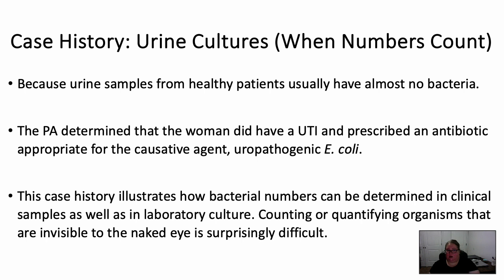If her urine sample showed a higher number of bacteria per milliliter, she's not going to be able to take a pill antibiotic. She's going to need intravenous or IV antibiotics that are a lot stronger and that will work more quickly to counteract that infection, because that is a huge infection if you have more than 100,000.